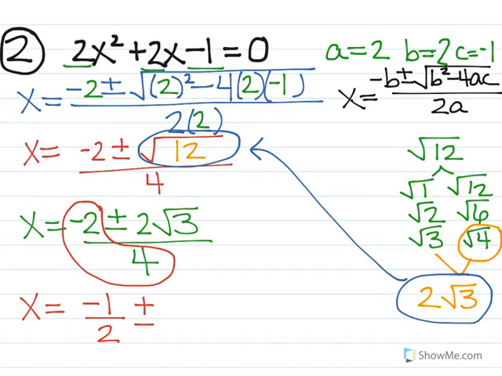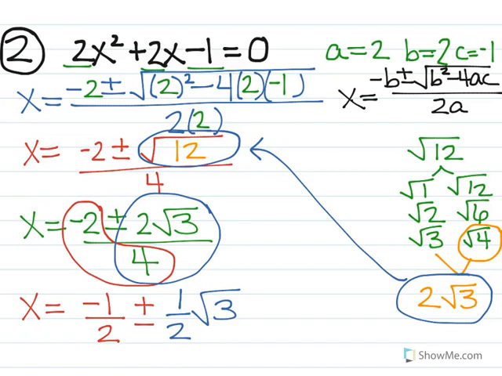Now, when you divide 2 radical 3 by 4, only the 2 and the 4 can divide because the radical 3 is like its own separate entity. That can only divide with other radicals. So 2 divided by 4 is 1/2, and then we still have the radical 3. Okay?